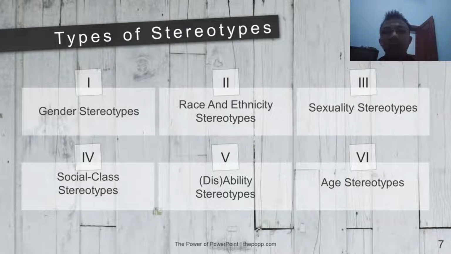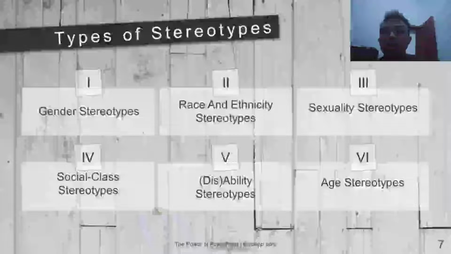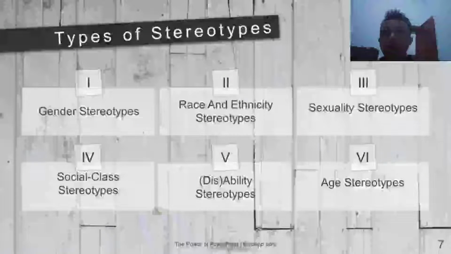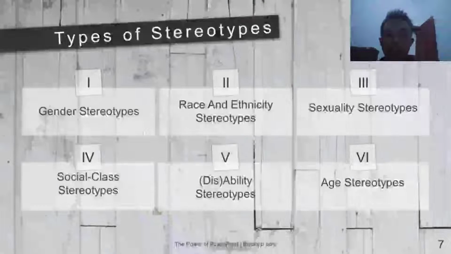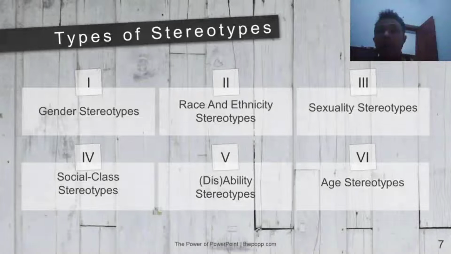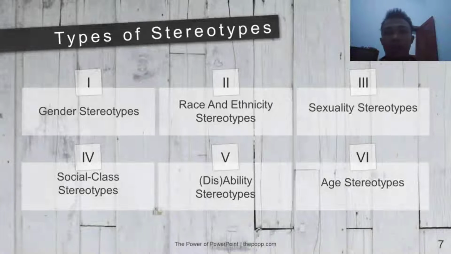And then there is number two, race and ethnicity stereotype. An ethnic or racial stereotype is a prejudgment about people based on their race. There is black, white, Asian, Persian, Chinese, or many more.